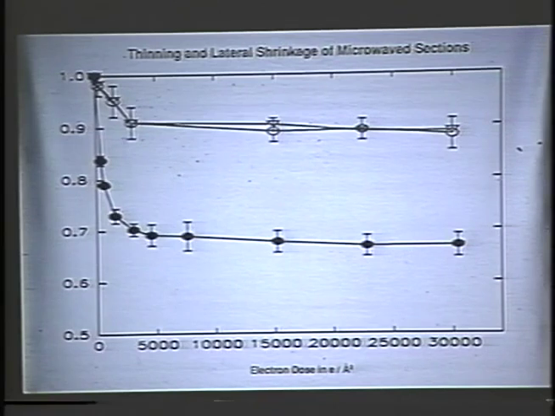And this is important for people who want to do tomographic analysis. This is isotropic shrinkage and thinning, so that in both the X and Y and the Z plane, the shrinkage is about the same. So if you're going to do tomographic analysis, then epoxy might be the embedment of choice. Next slide.